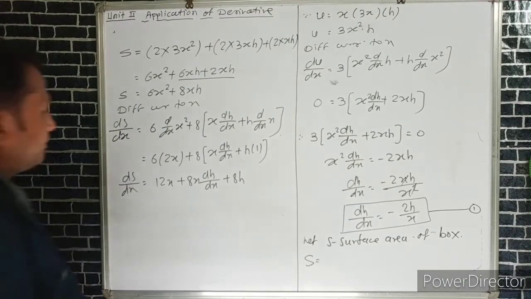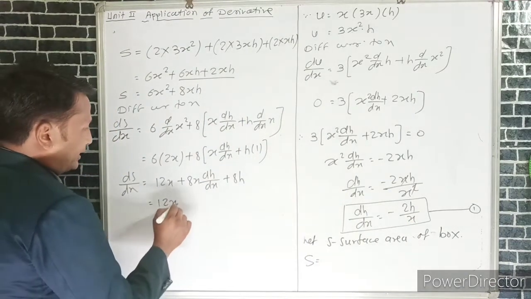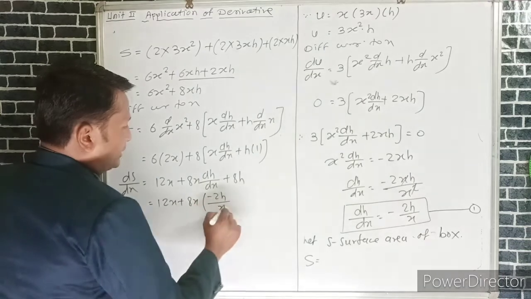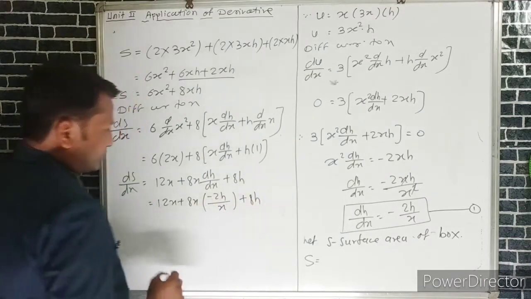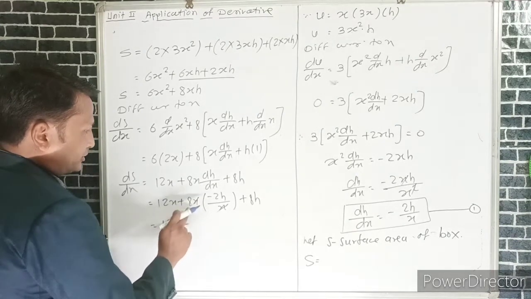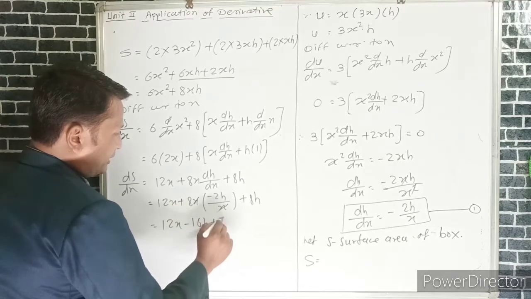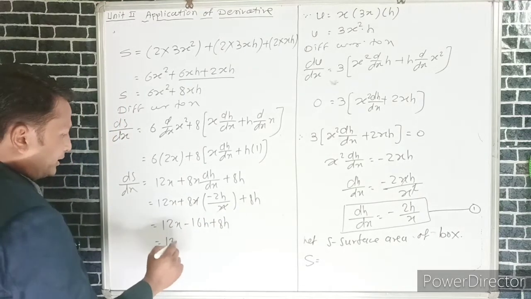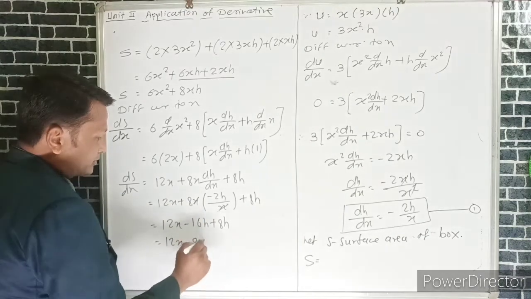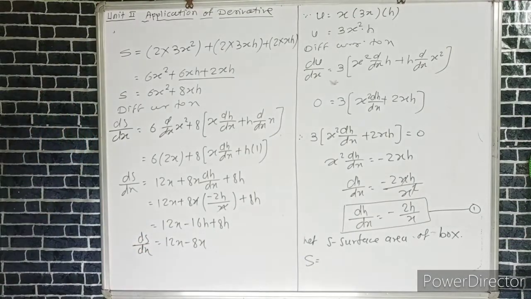If we substitute the value of dh/dx as minus 2h upon x, we get 12x plus 8x into minus 2h upon x plus 8h. Here x gets cancelled, so 12x minus 16h plus 8h, which is 12x minus 8h, is dS/dx.